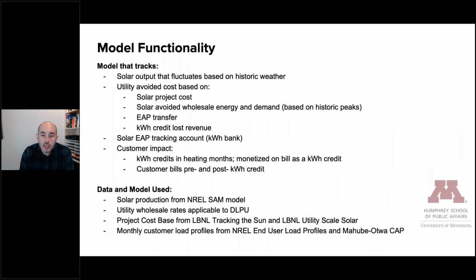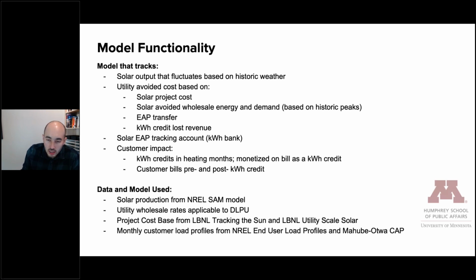Okay, so in order to analyze this, one of the challenges generally in this space of thinking about low-income solar, but low-income solar that's linking with energy assistance specifically, is trying to strike the right balance between what pencils for all the parties, what pencils for the utility, the CAP, the homeowner, but also what's administratively feasible here.